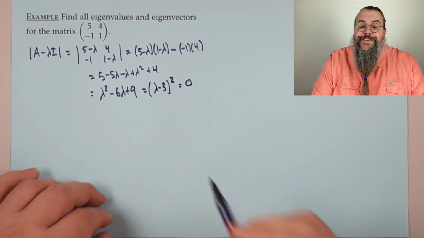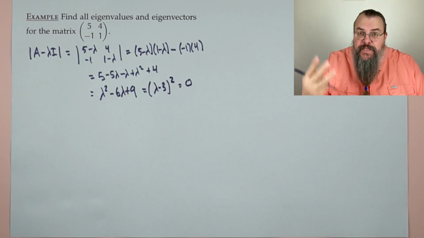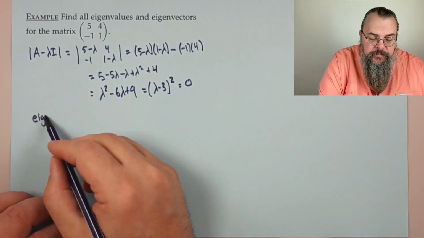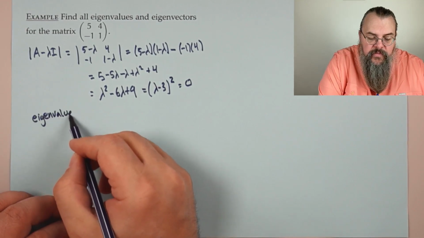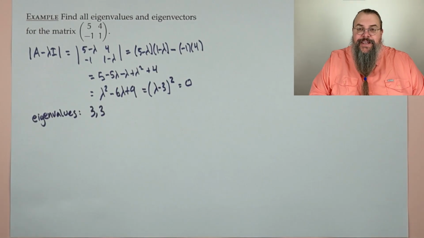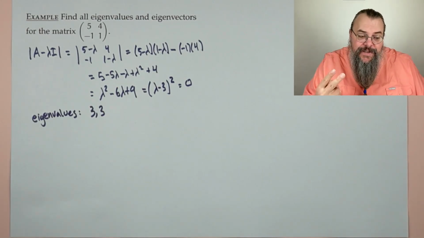All right, so 3 is our only eigenvalue. It's a repeated eigenvalue. Okay, so our eigenvalues are 3 and 3.